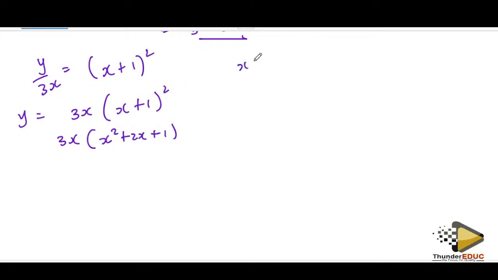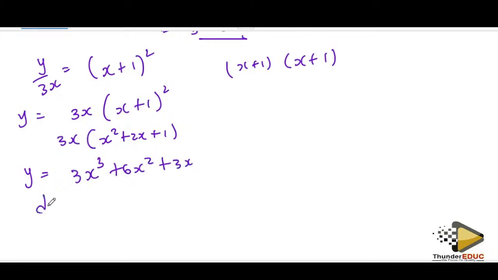By square brackets, we are foiling. Okay, x and x is x squared. Then open this, simplify it. That's going to be 3x cubed plus 6x squared plus 3x. And then dy/dx, 3 and 3 is 9x. We reduce that to a 2. And then 2 and 6, that is 12x.